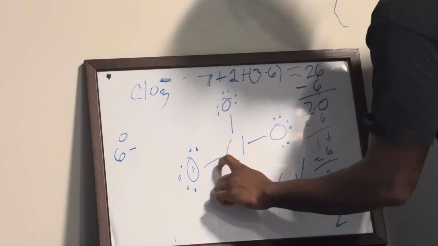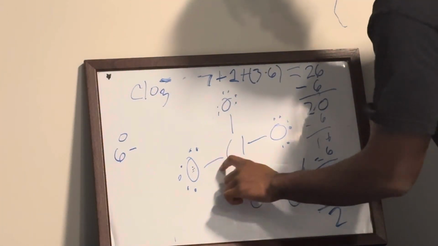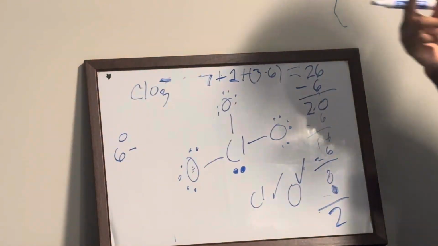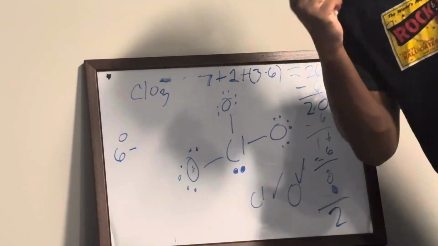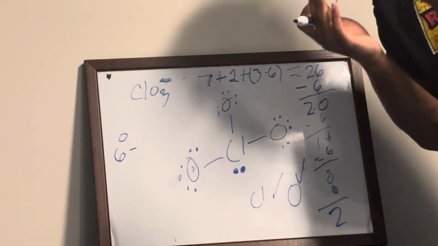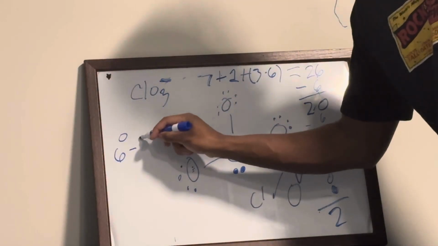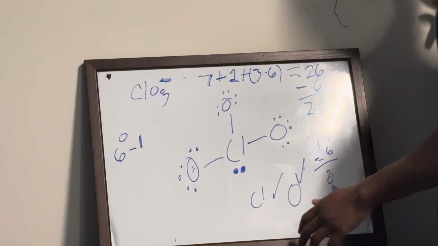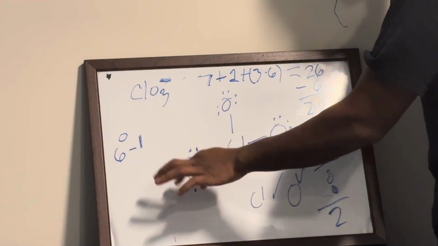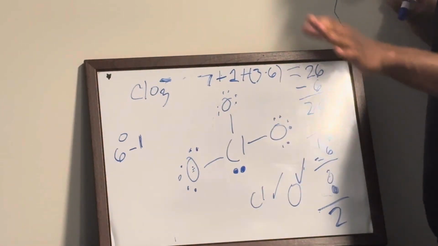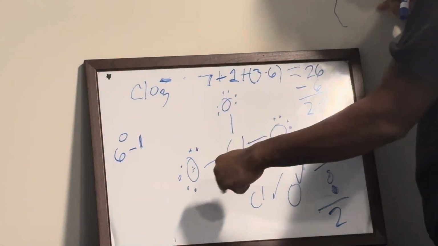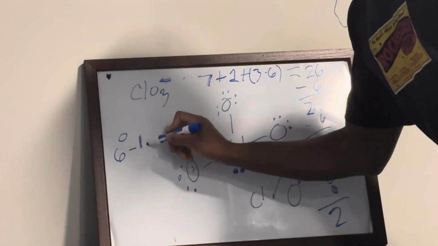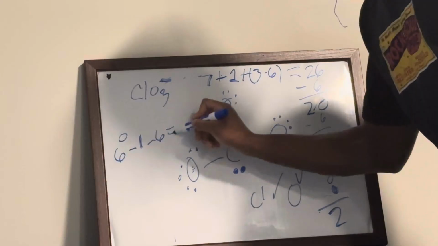So this has 1 bond, and 1 bond is equal to 2 electrons. So half that is 1 electron. Minus 1. Minus how many electrons are out here. Not how many lone pairs, how many electrons in total. So 3 lone pairs means 6 electrons. So minus 6 is equal to -1.